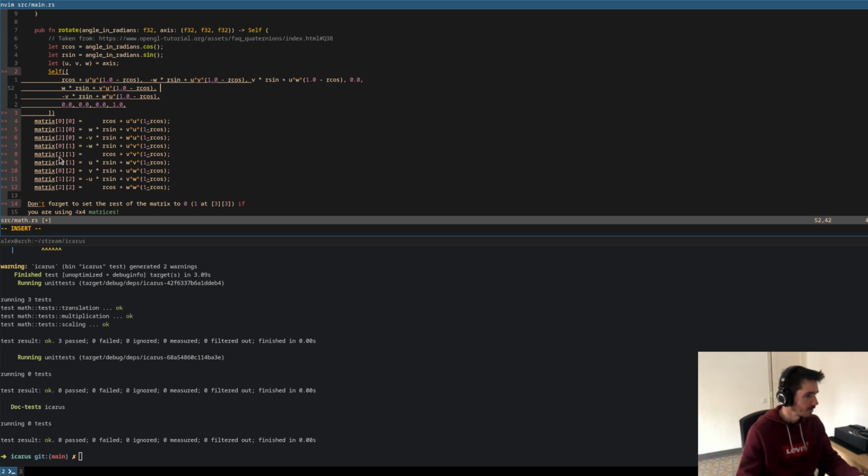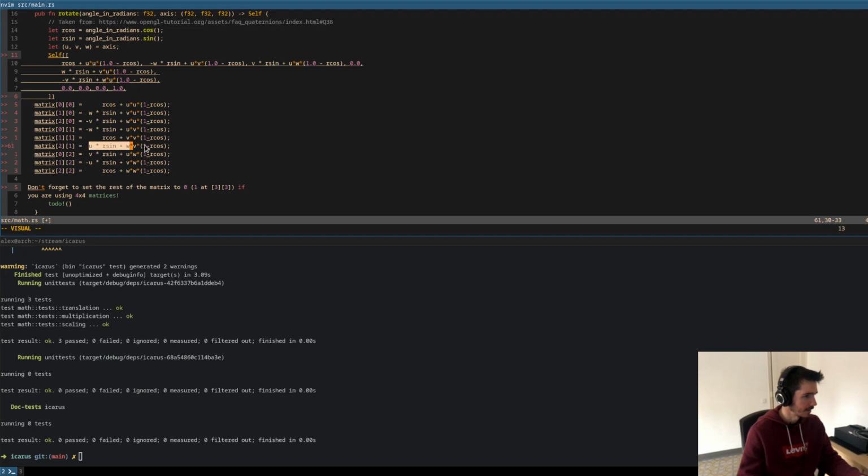The third row, we already have the first column. We need the second one.